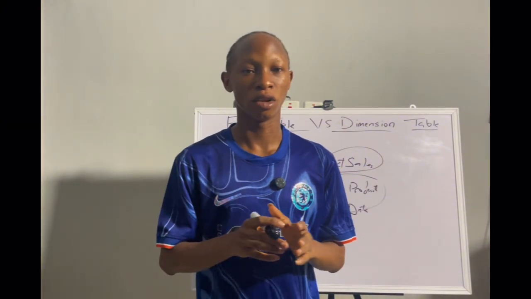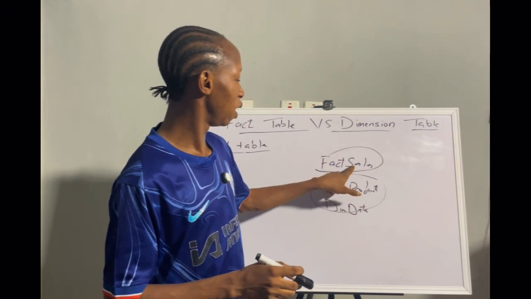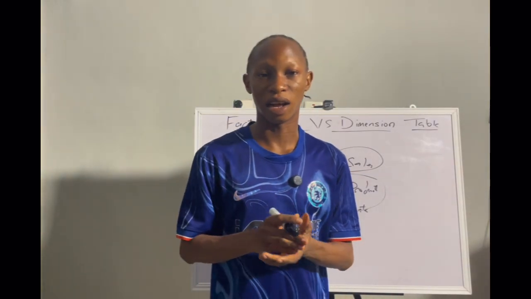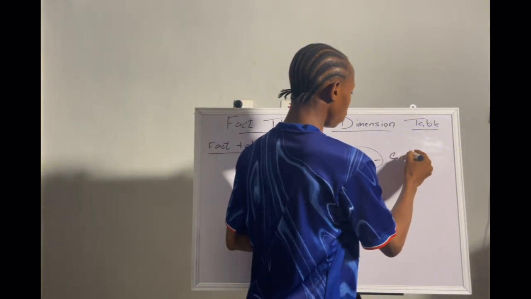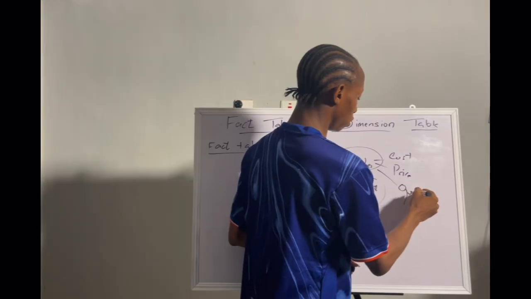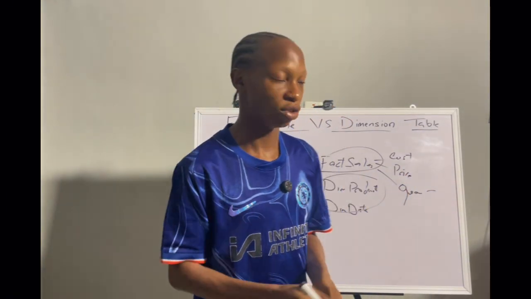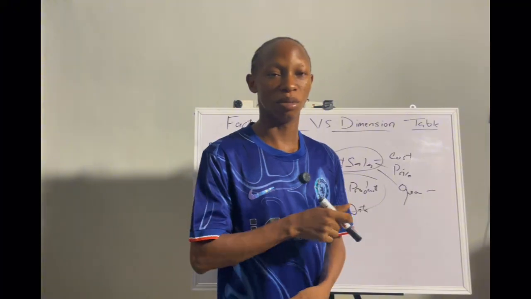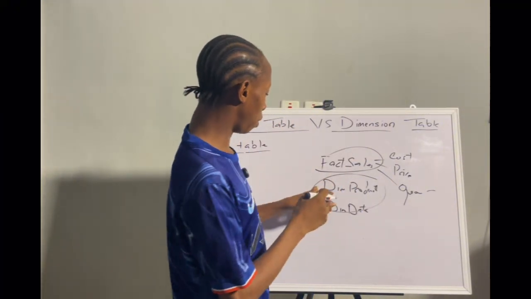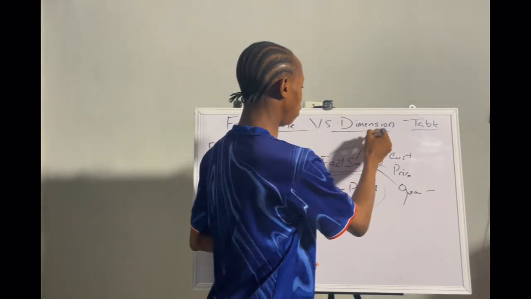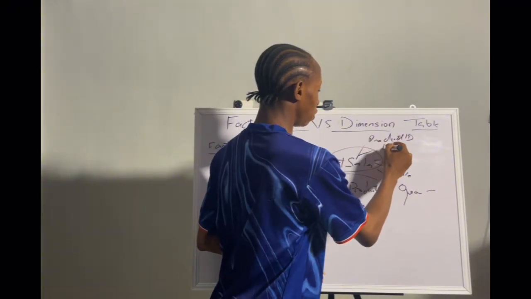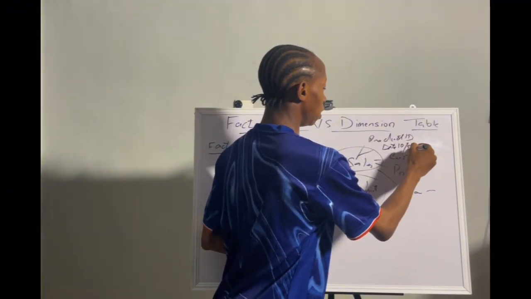For example, your fact sales here is the fact table because it's going to contain countable data like the cost, the price, the quantity sold, the revenue, and it's going to contain foreign keys, like product ID or date ID, or we call it date key.